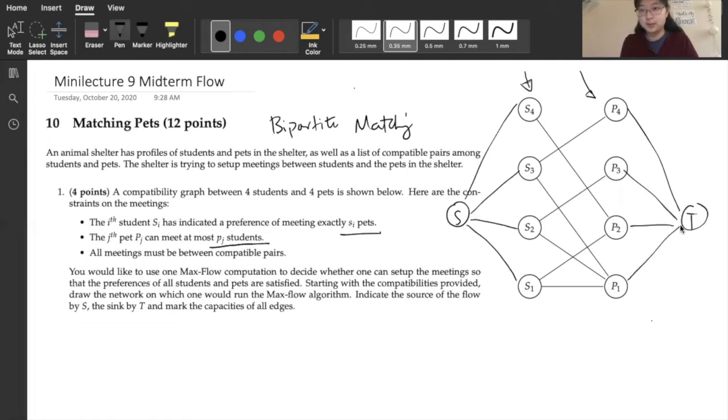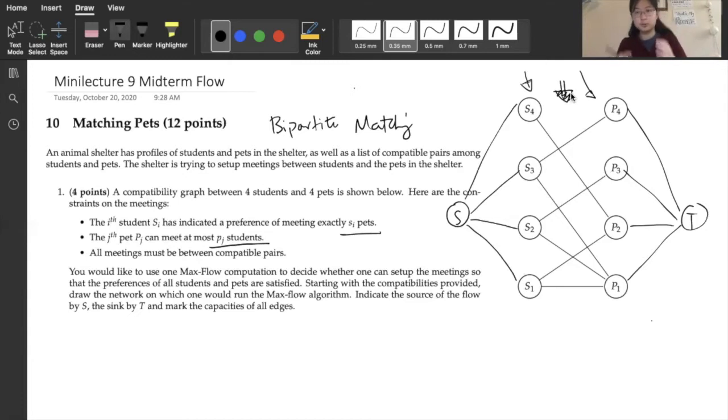What this does is ensure that every time you flow a unit from S to T, you go along some edge from S to the student column, from the student column to the pet column, and from the pet column to T. The only interesting part of that construction is that you go through something in the middle that tells you which pair of student and pet is meeting.